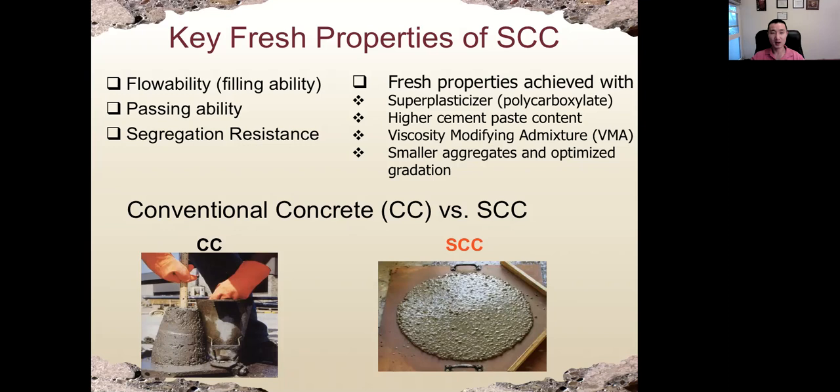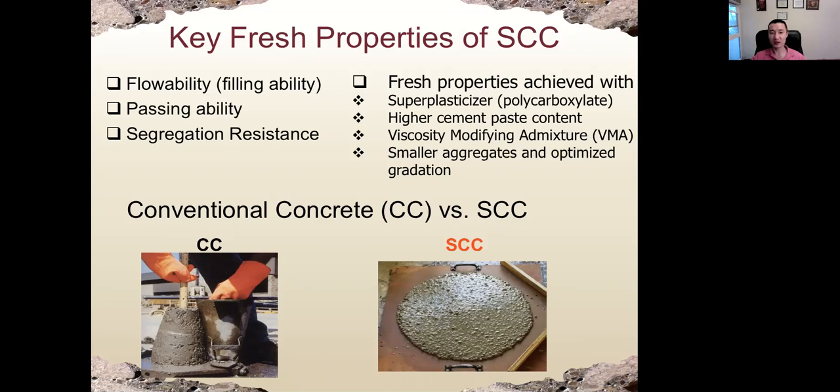The second one is called passing ability, which means the concrete needs to pass around the reinforcement without blockage of coarse aggregate. This is also very important, because if we have blockage problems, the coarse aggregate will be blocked by reinforcement, so we have non-homogeneous concrete.